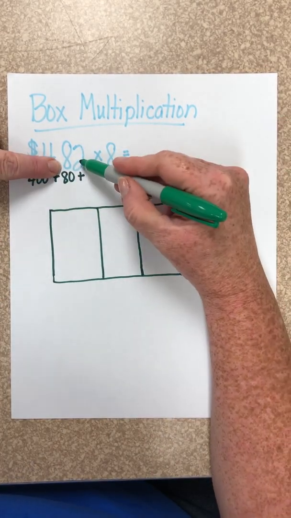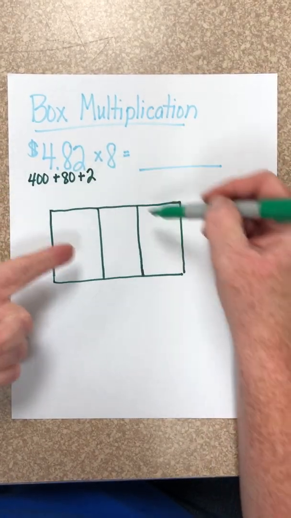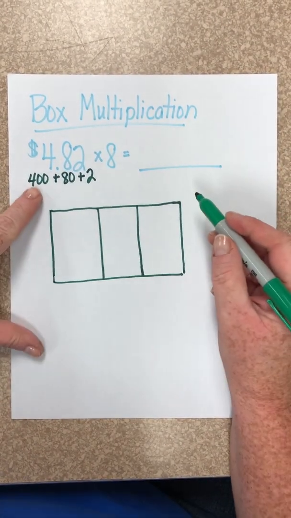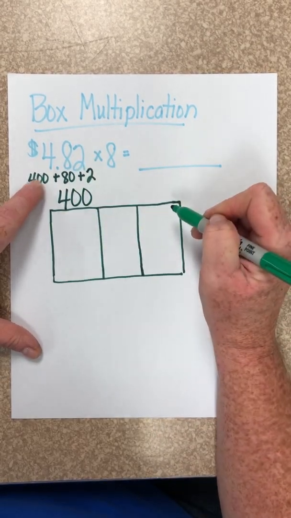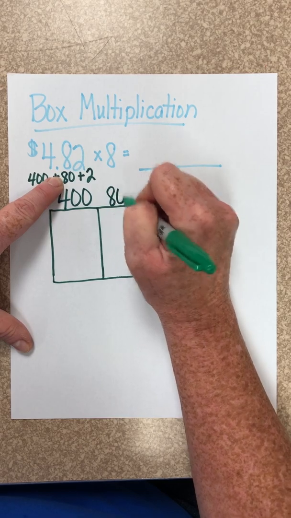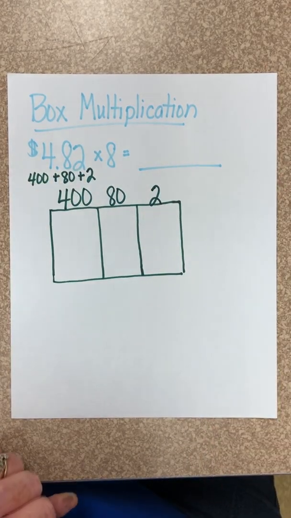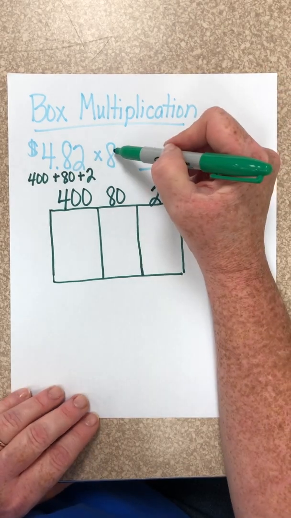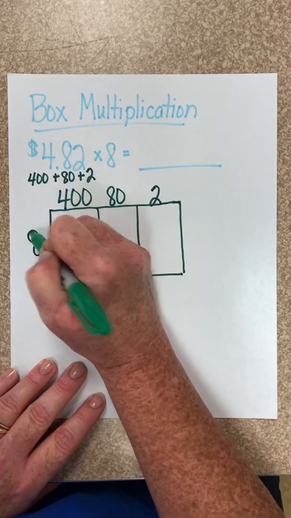And last, 2 is in ones place. Now let's bring those numbers down to the box. 400, we're going to write above the first column. 80 is above the second column, and 2 is above the last column. The second factor only has 1 digit, so we put that out in front of the box.